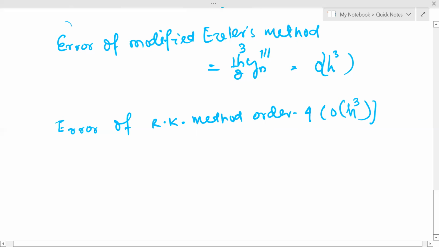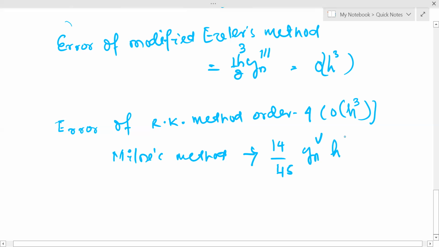In Milne's method, the truncation error, we have just discussed the Milne's method also. The error of the Milne's method, that is 14/45 y^(v) h^5.